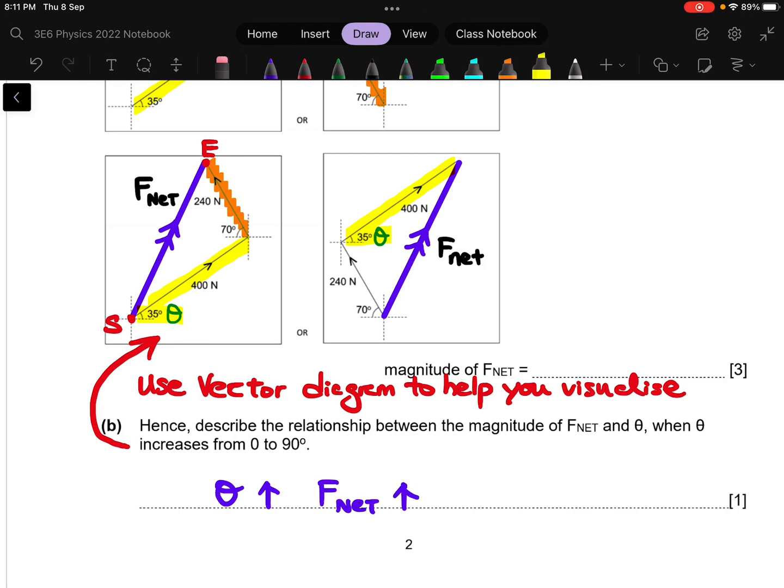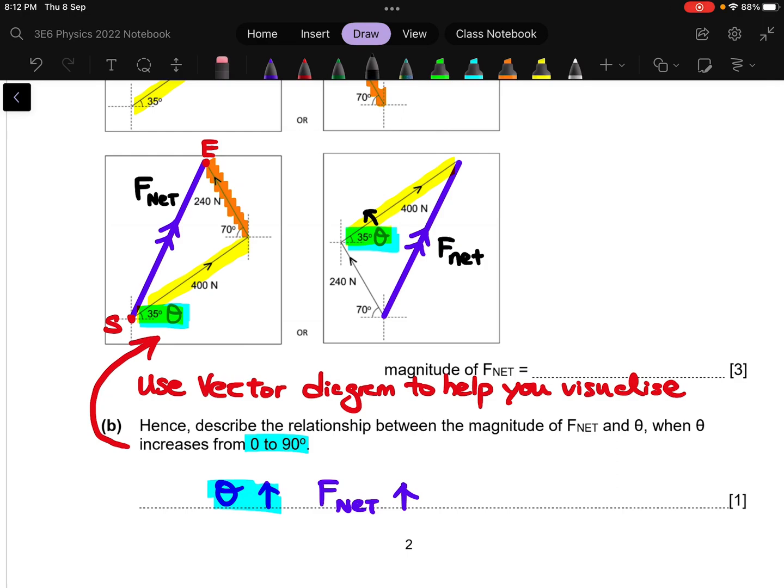Now, after you draw the vector diagram, the next part of the question is checking whether you can visualize how the vector diagram would change when one of the angles, in this case theta, is increased from 0 to 90. Theta is located here, and you can just imagine what will happen when this theta gets moved to a larger angle.